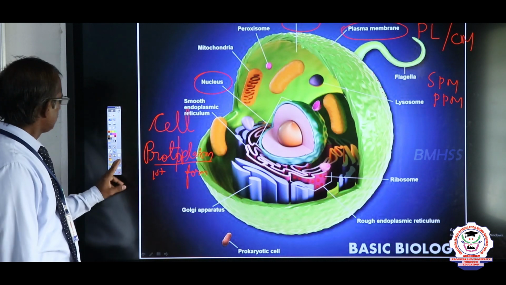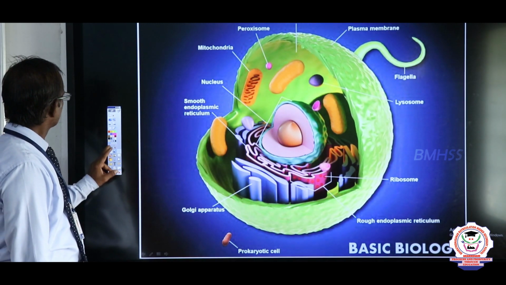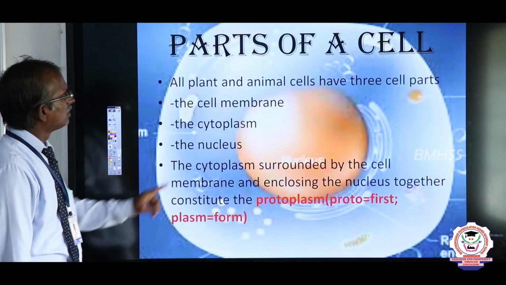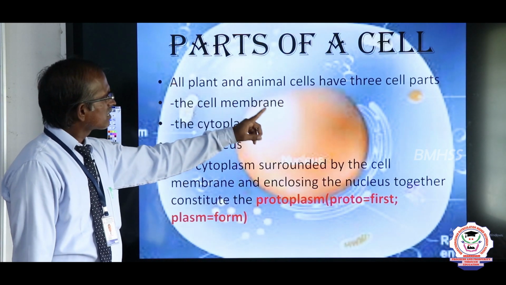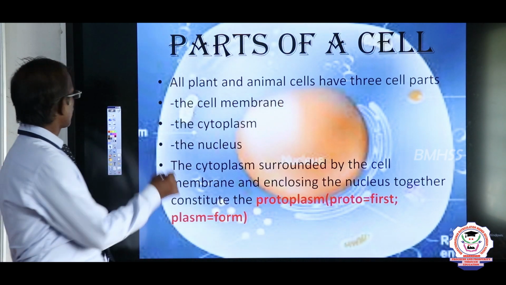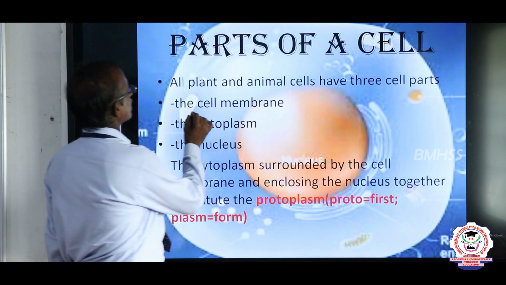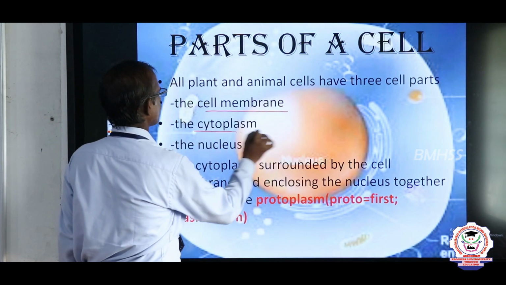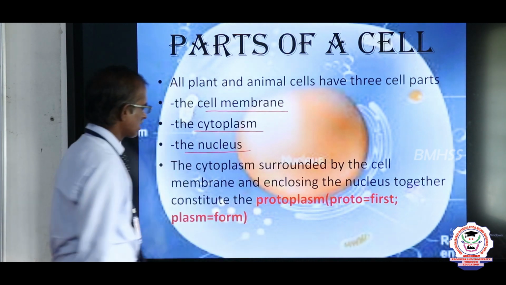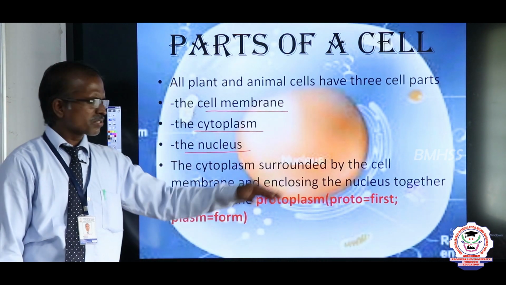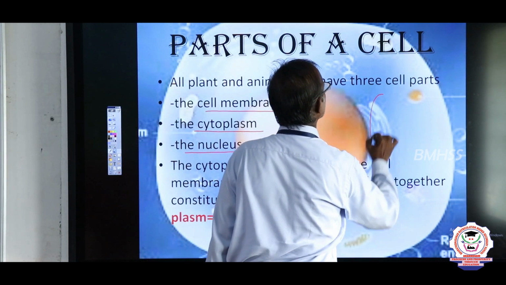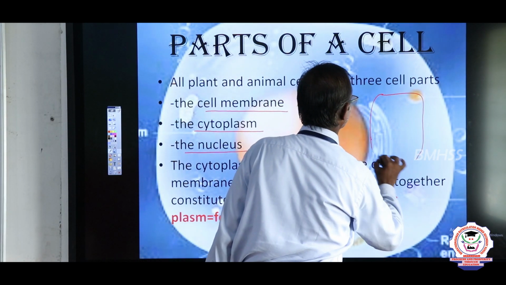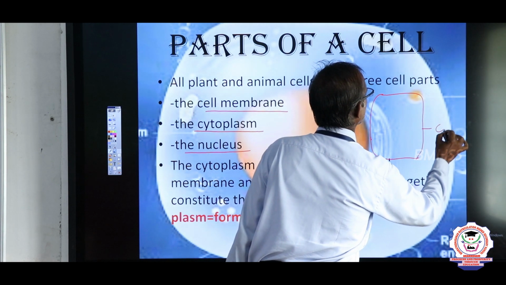Next, the parts of a cell. An animal cell or plant cell has three important structures, namely the cell membrane, cytoplasm and the nucleus. The cytoplasm is surrounded by the cell membrane.